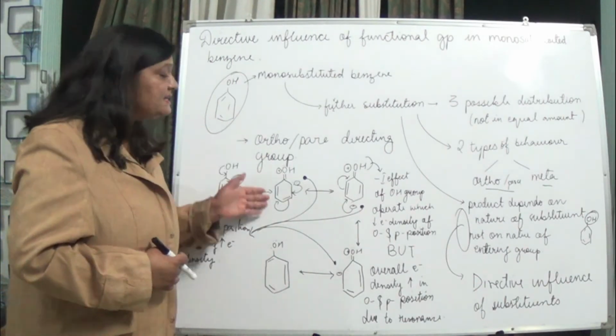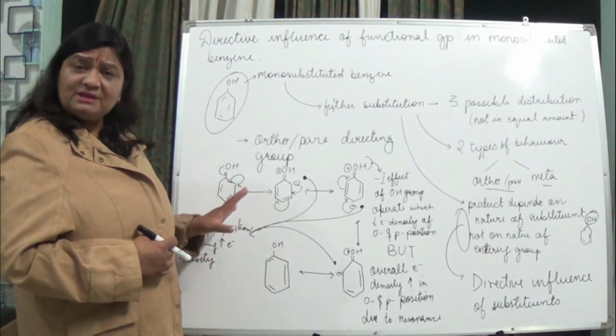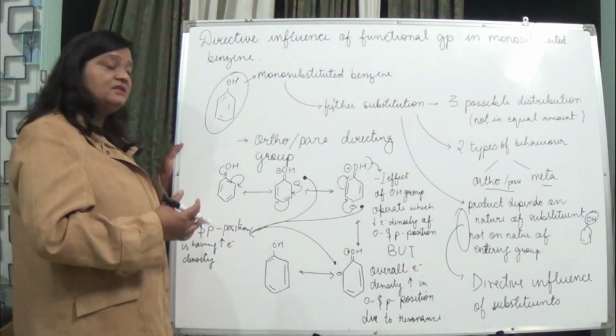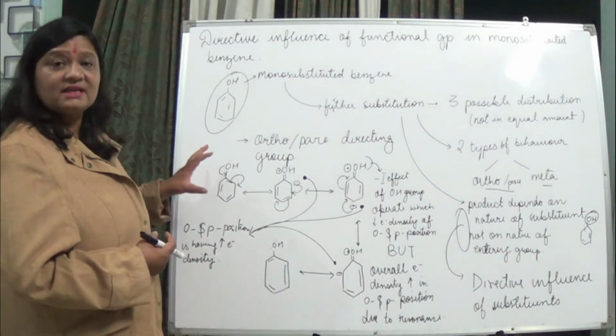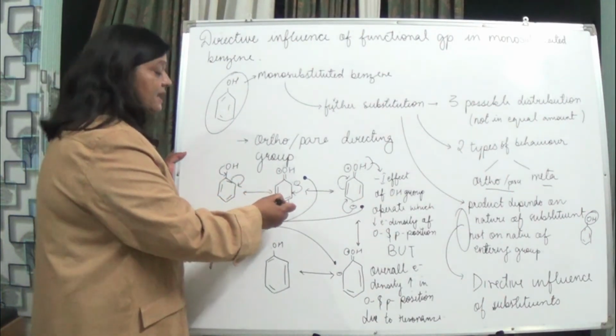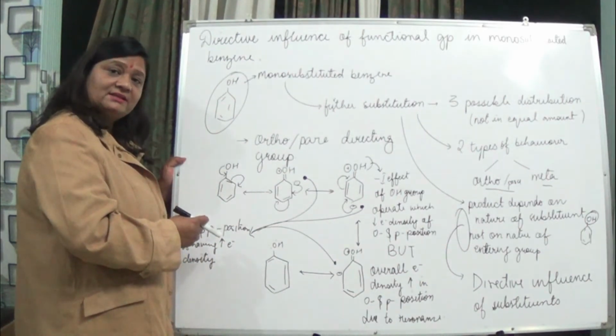The electron density in the ortho and the para position should decrease, isn't it? But no, here dominance is shown by the resonance, okay, and this is why we see that yes, it is ortho, para directing in nature, okay.